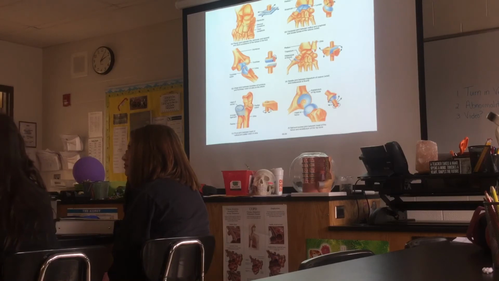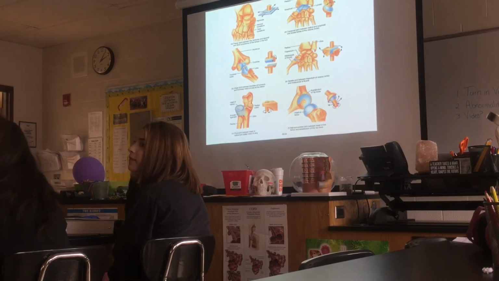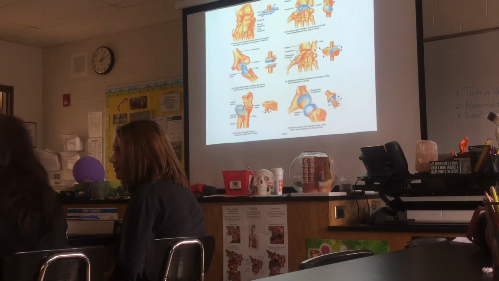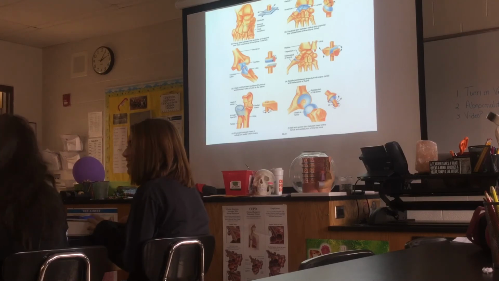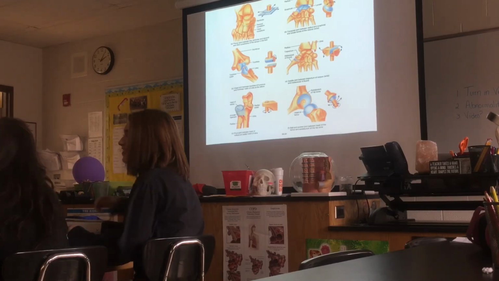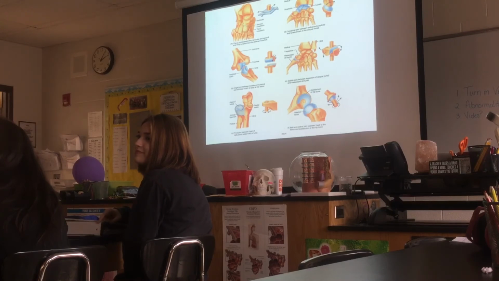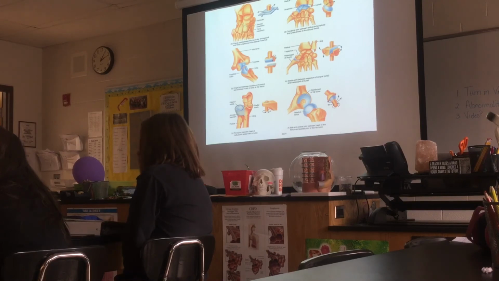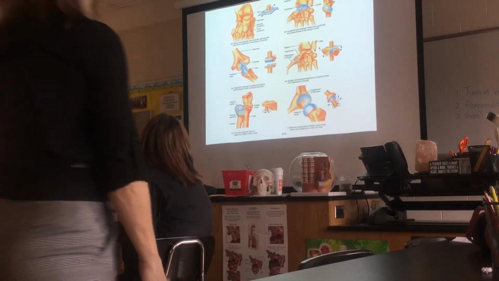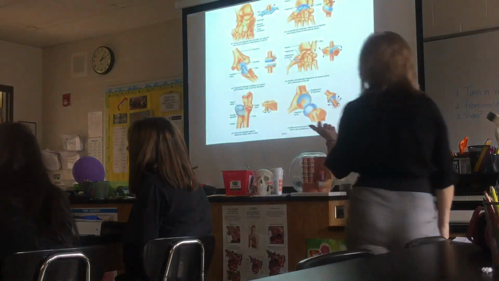Your radius has this circular end on it, and it's attached to your ulna at the proximal epiphysis. This particular pivot joint allows your radius to rotate around your ulna. It's what allows you to rotate your arm like this. By doing this, your radius is actually rotating on your ulna, and that's why it's called a pivot joint. And the last but not least, ball and socket, your shoulder and your hip.